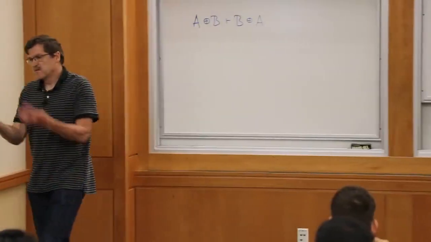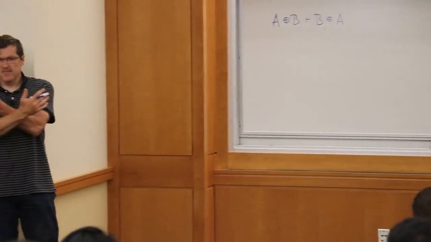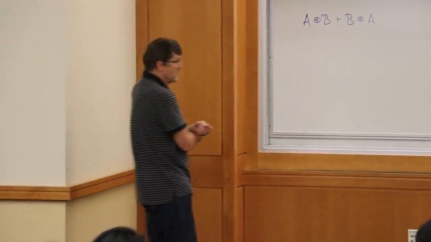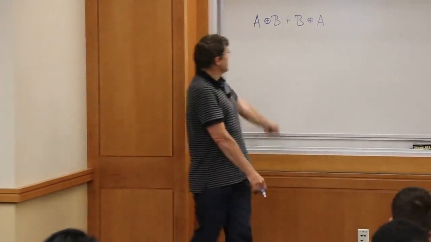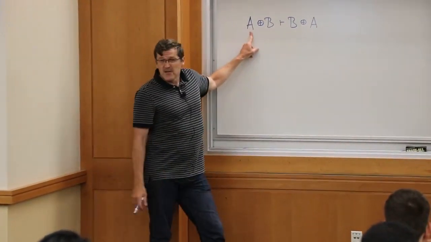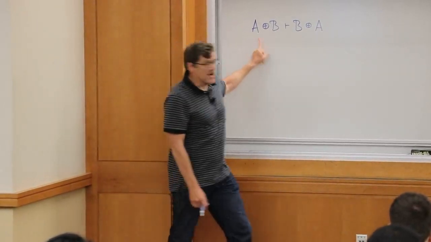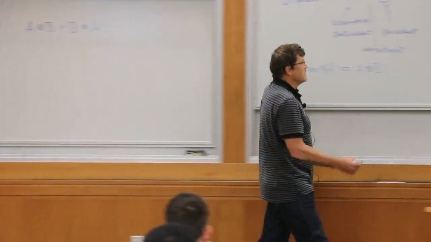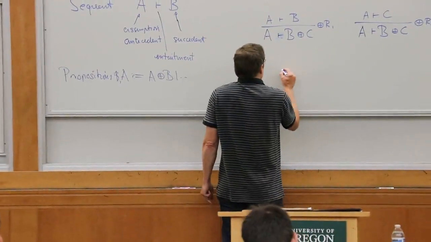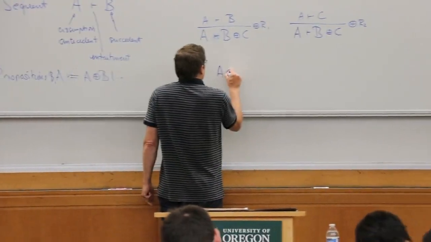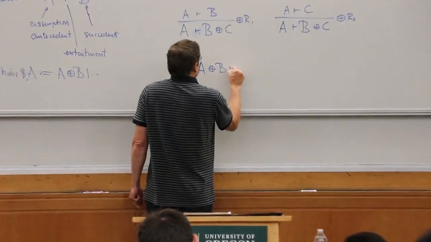If you can choose between A or B, that's the same as choosing between B or A. So in order to do that, we need to define what you get out of the assumption A plus B, right? How do you actually use that? And so for that, we have to define the left rule. There's several left rules. And the left rule would be if I know A plus B, I'm trying to prove C.